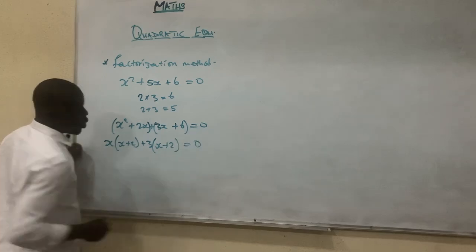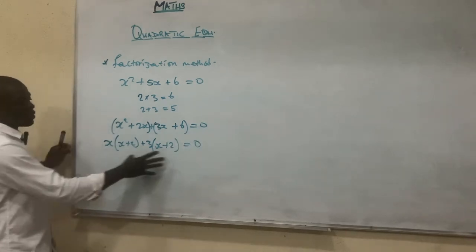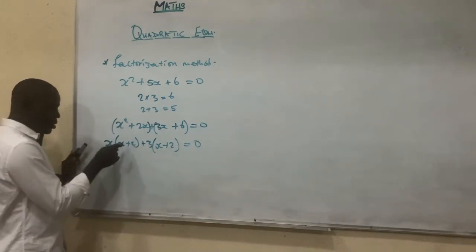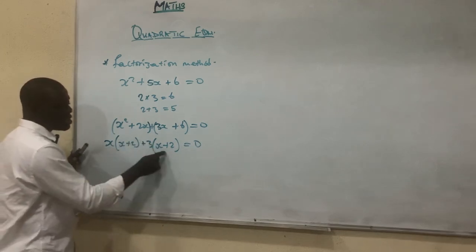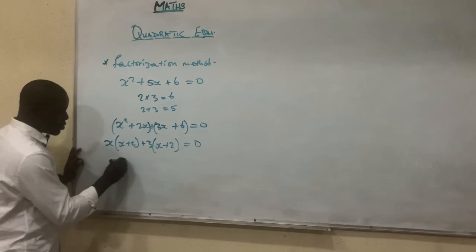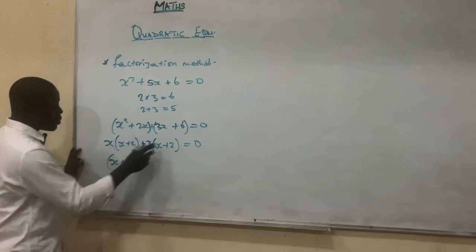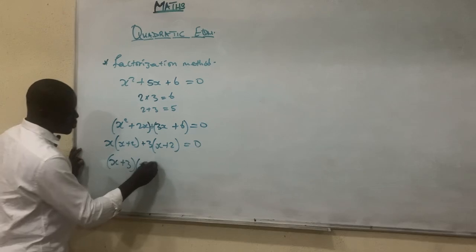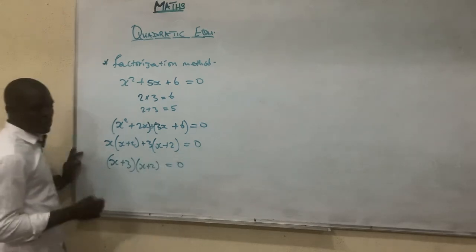Please take note, in all quadratic equations, whenever you solve by factorization, when you get to this place, these two brackets must be the same. So you bring out the two outer numbers, x plus 3, and then pick one of these, x plus 2, equal to 0.